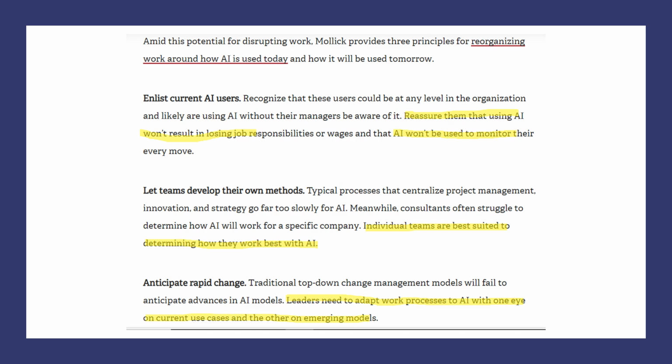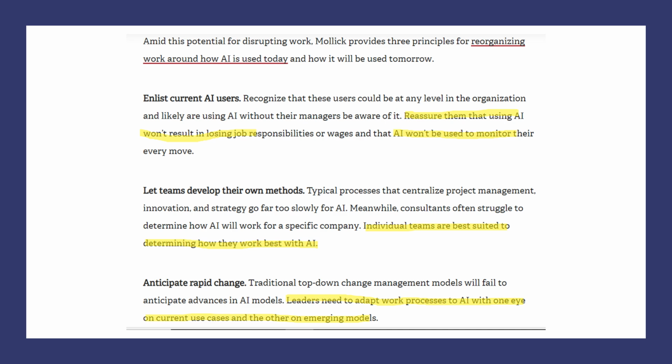Recognize that these users could be at any level in the organization and are likely using AI without their managers being aware of it. Reassure them that using AI won't result in losing job responsibilities or wages, and that AI won't be used to monitor their every move.